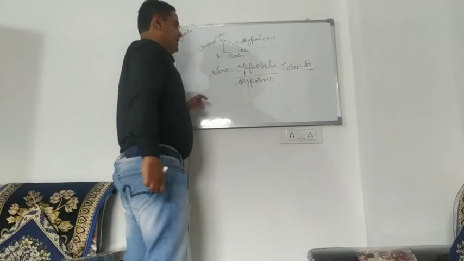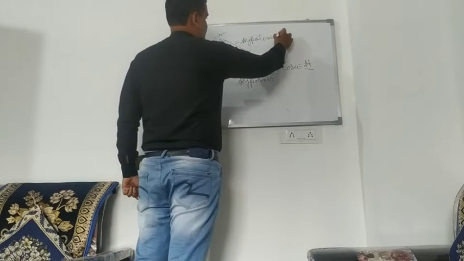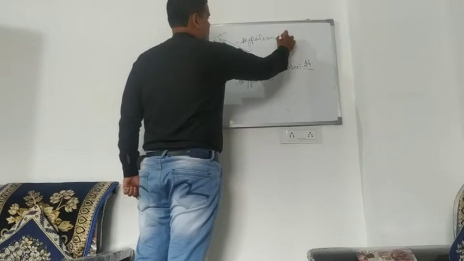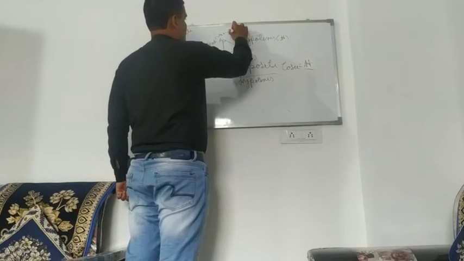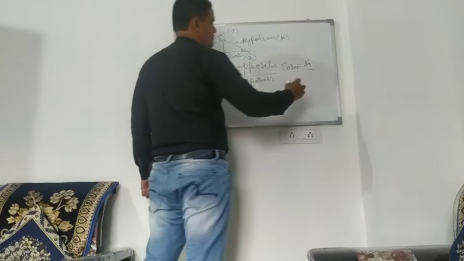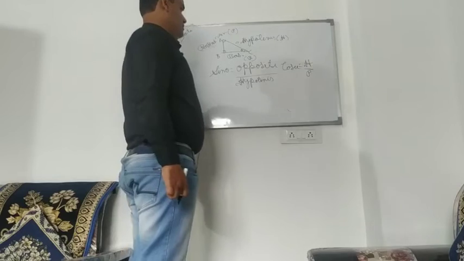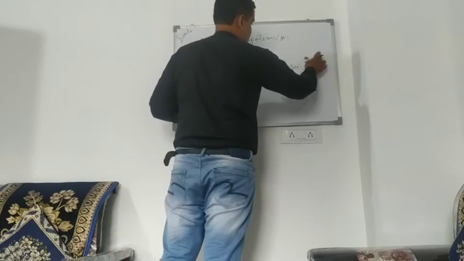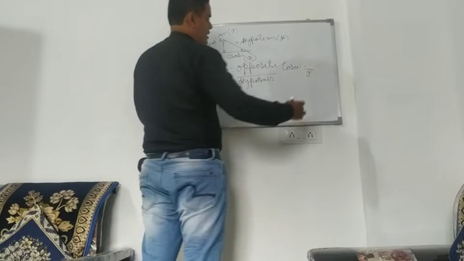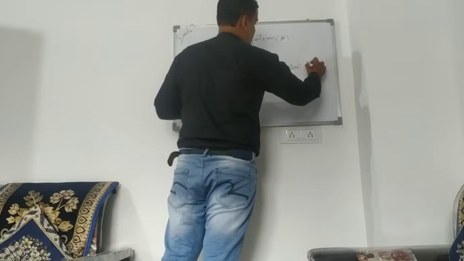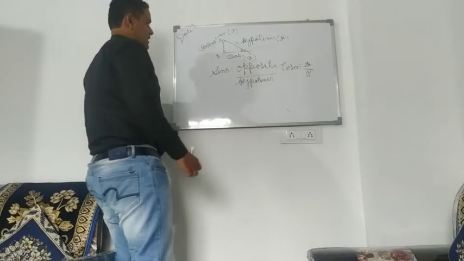So for our ease, we write sine as P upon H. Cosec is the opposite, so the hypotenuse goes above: H upon P. It is cosec, the opposite of sine.